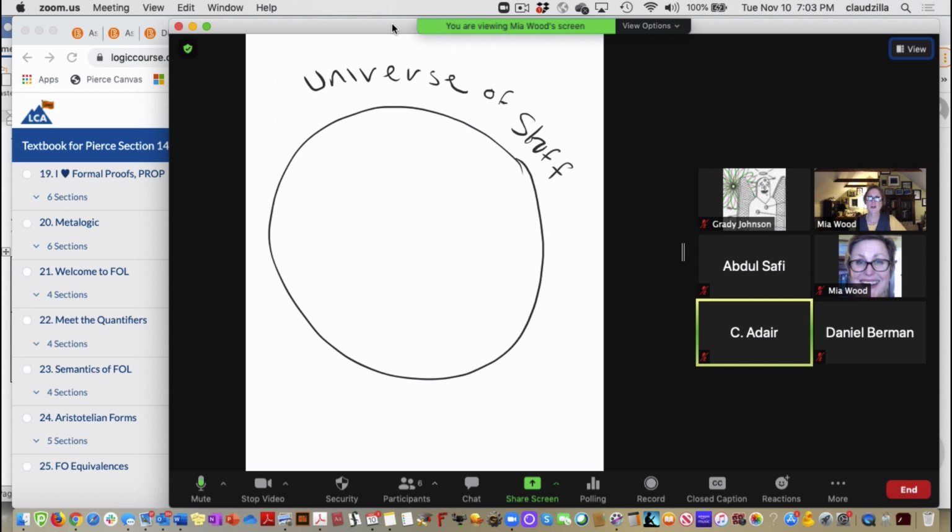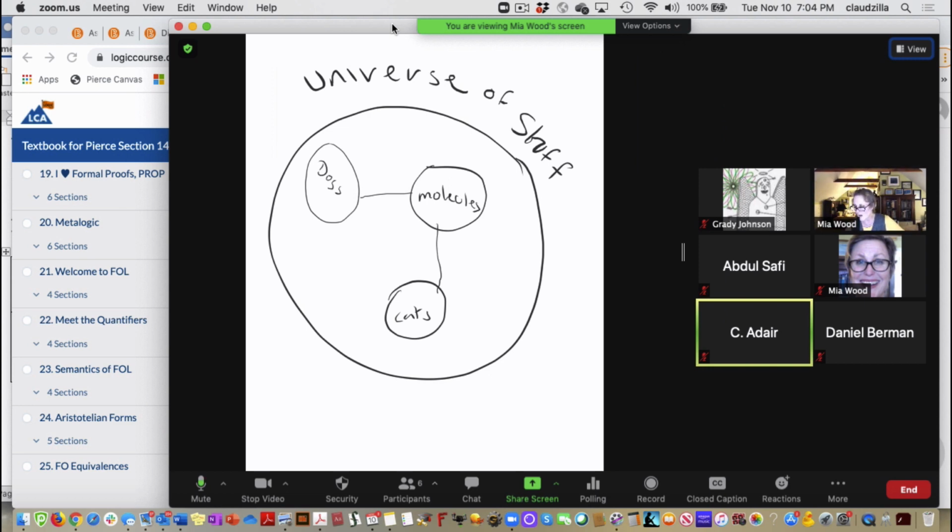This stuff can be carved out. We've got dogs, we've got cats, we've got molecules. You might say, wait a minute, Mia, molecules? Well, there's an overlap between molecules and dogs and molecules and cats. On the other hand, there's no overlap between dogs and cats and, I don't know, tables and chairs. We've just got all sorts of stuff.